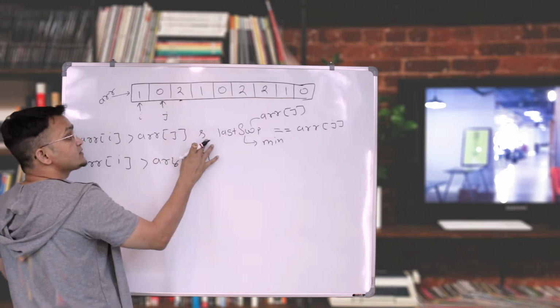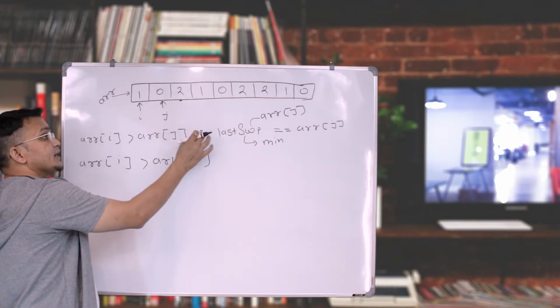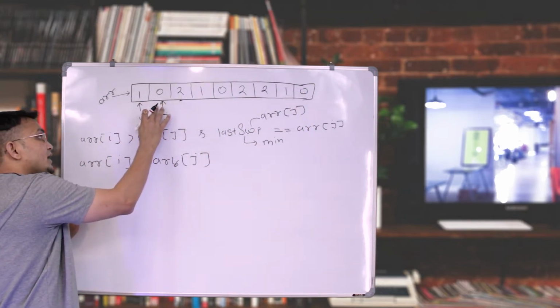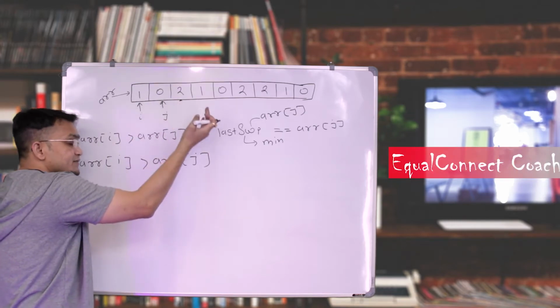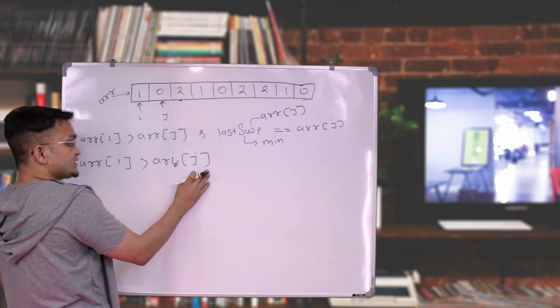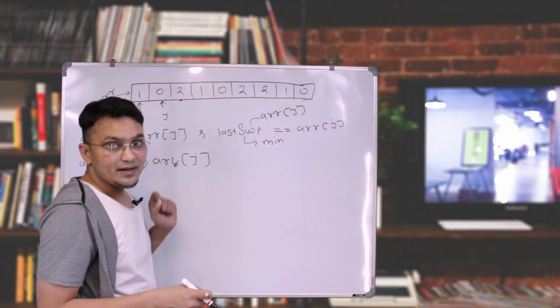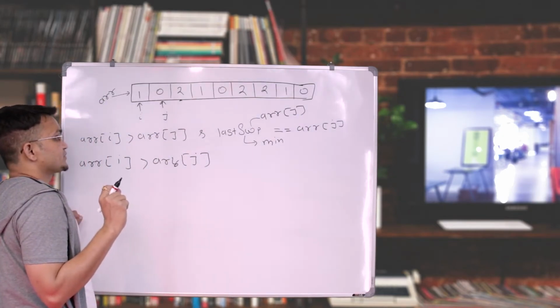Now in this case, wherever this condition is met, it won't move further, it will swap that only, and it will come back to wherever the i is pointing, and it will increment the i. But in this condition it will swap the last satisfied index. Okay, so you will understand in a moment what exactly I'm trying to say.